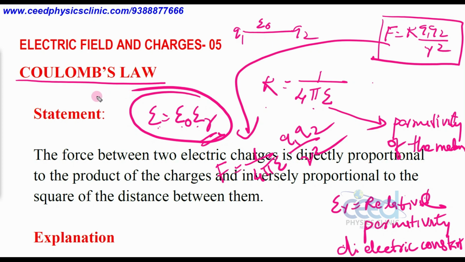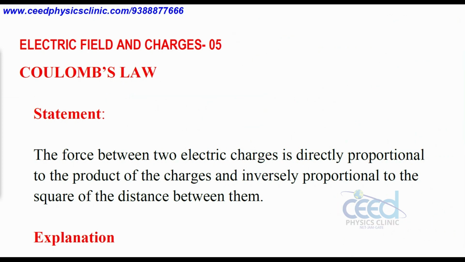So generally we can write that the force between two electric charges is directly proportional to the product of their charges and inversely proportional to the square of the distance between them.